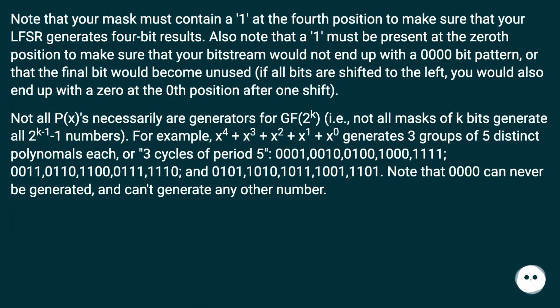Note that your mask must contain a 1 at the fourth position to make sure that your LFSR generates 4-bit results. Also note that a 1 must be present at the 0th position to make sure that your bitstream would not end up with a 0000 bit pattern, or that the final bit would become unused.